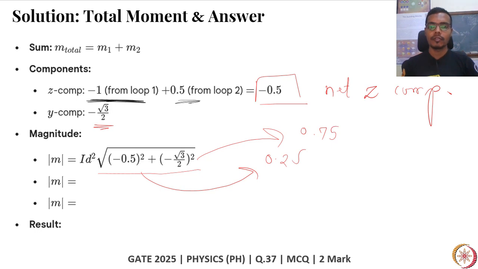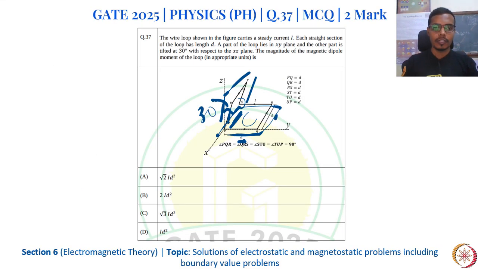The sum turns out to be 1, so its square root is 1. So we simply have I D squared. This is the magnitude we are trying to find. If you look at our options, it is our option D.